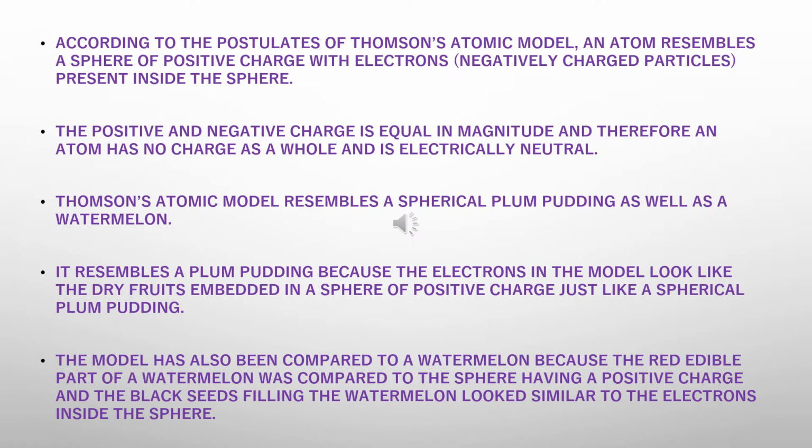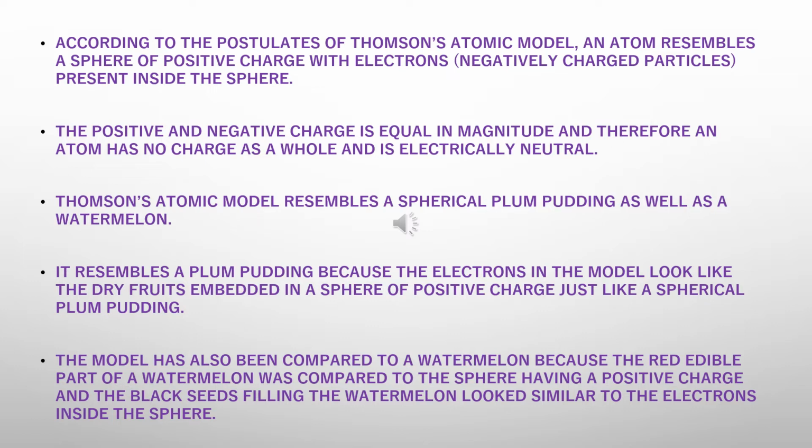Thomson's atomic model was successfully able to satisfy the electrical neutrality of an atom because he mentioned specially the equal magnitude of positive and negative charge, and hence the atom is electrically neutral, but he did not mention the presence of a neutral particle, that is, the neutron.